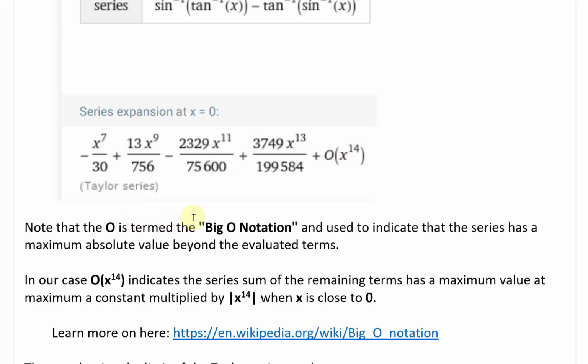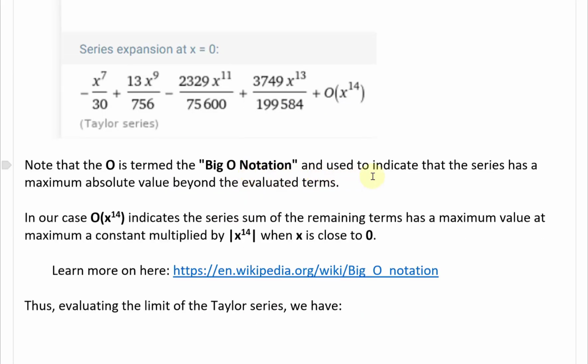Note that O is termed big O notation and is used to indicate that the series is at a maximum absolute value beyond the evaluated term. So beyond this, it's going to be a maximum of this order. In our case, O(x^14) indicates that the sum of the remaining terms has a maximum value of a constant multiplied by the absolute value of x to the power 14. So in other words, that's the order of it.